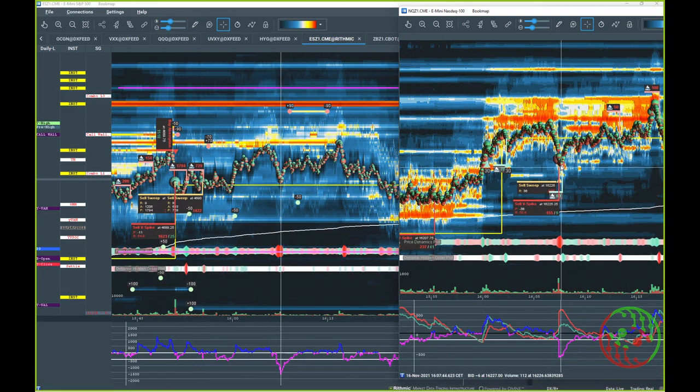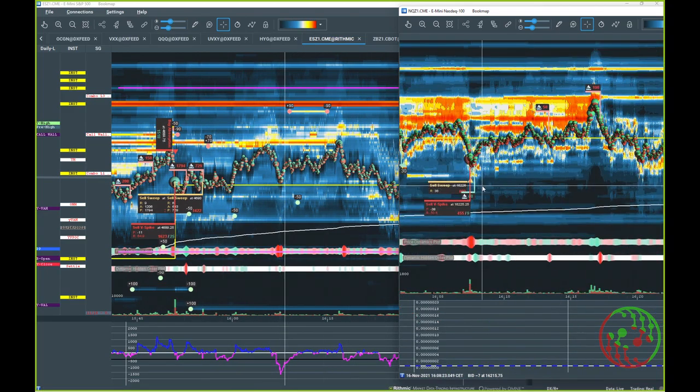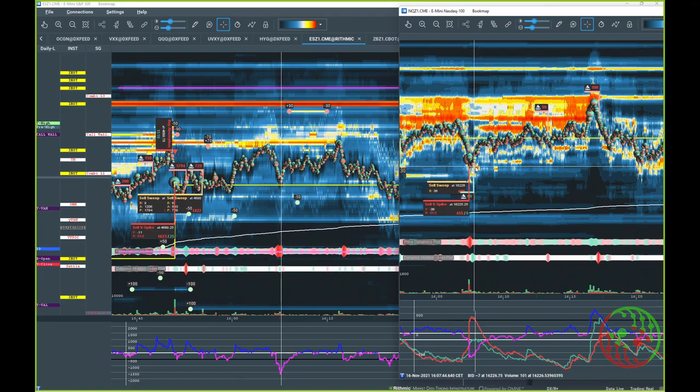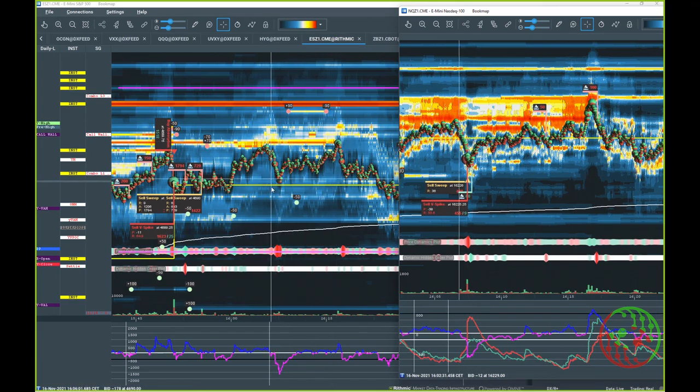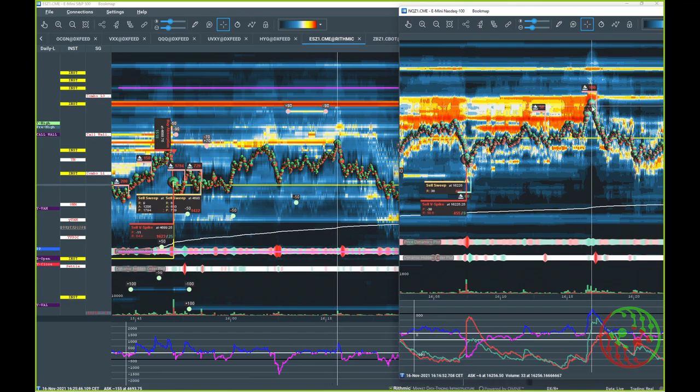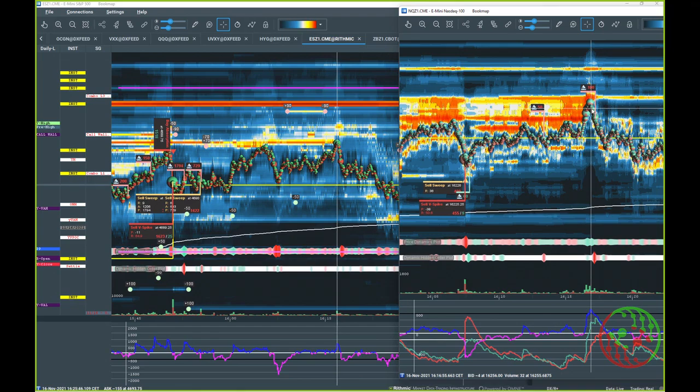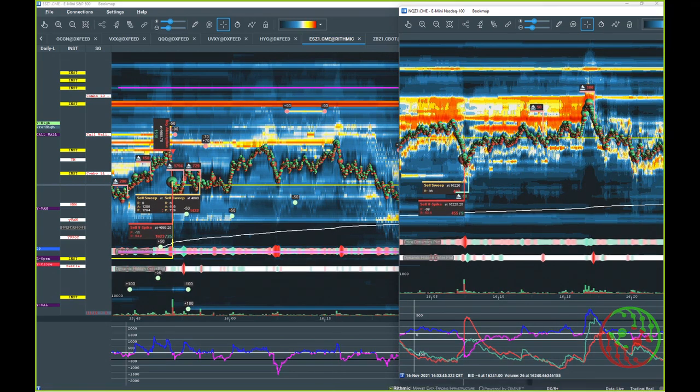The sweep here is extremely interesting, supported by an iceberg. I would have bought this one. I would always look in parallel at what happens in ES. So I would for sure look at NQ and ES in parallel.